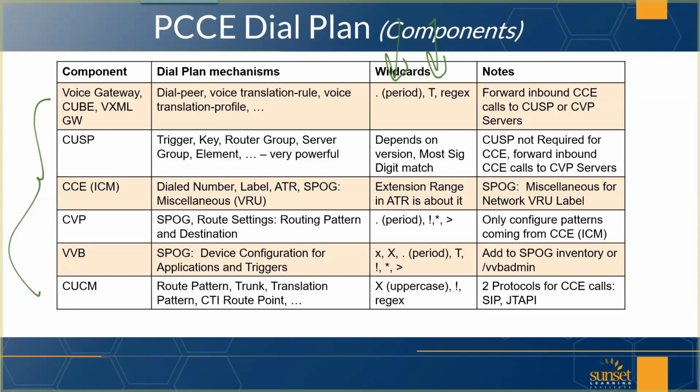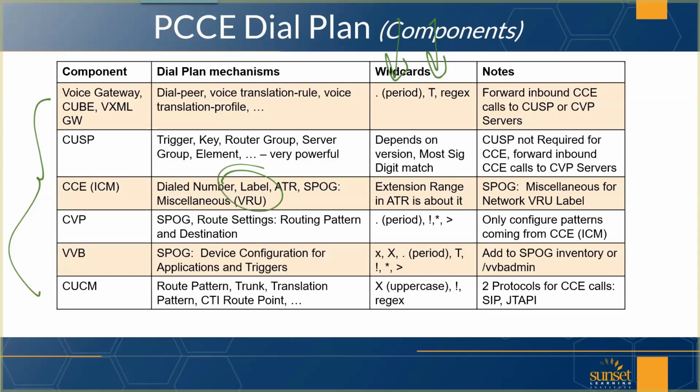The dial plan mechanisms for each of these components are listed here. In the gateways, for instance, we have dial peers. In CUSP or SIP proxy, we have triggers, router groups, server groups, etc. In CCE or ICM, we have our dialed numbers, our VRU labels, etc. In CVP, route settings, route patterns and destinations.